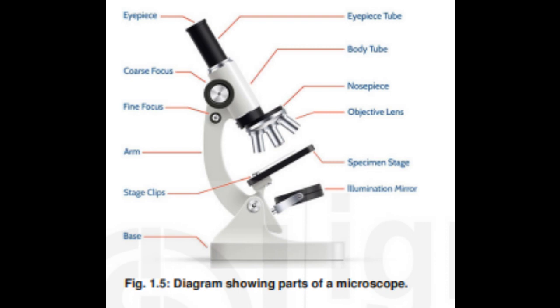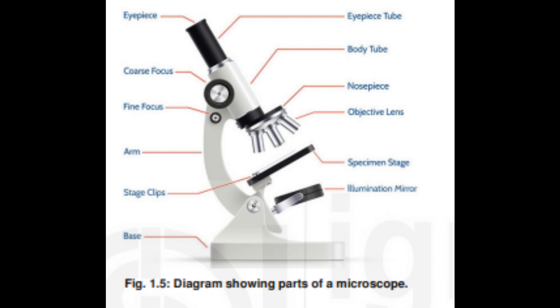Arm. It is a structure that connects the head of the microscope to the base. Base. The bottom of the microscope is called the base. Stage. It is a flat platform having clips that supports the slides, Fig. 1.4. In case of a mechanical stage, the slide is kept in position with the help of two knobs.